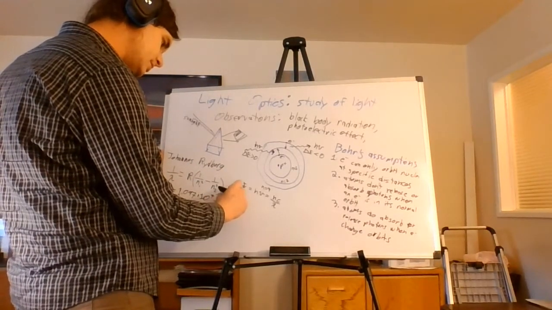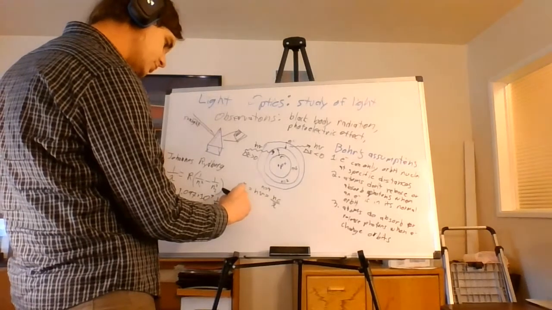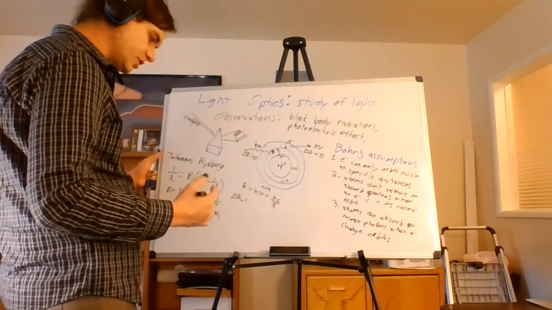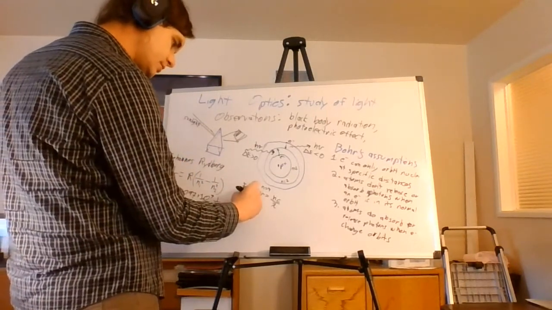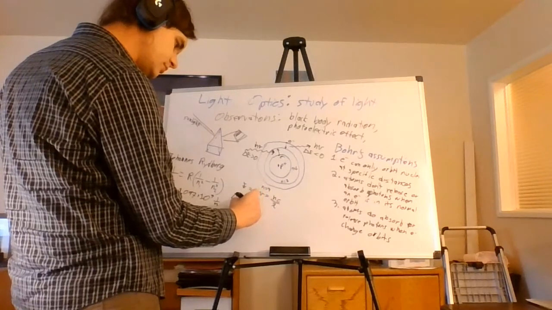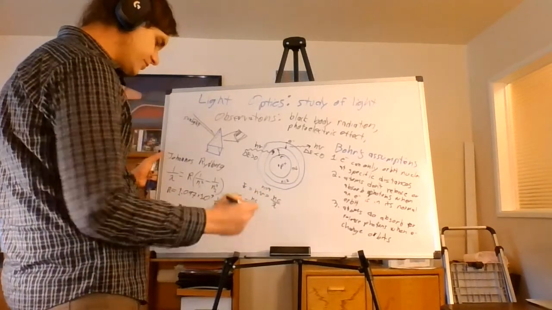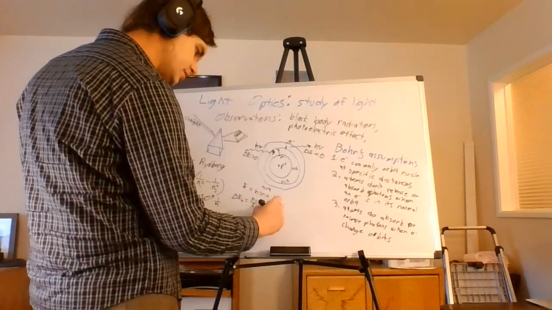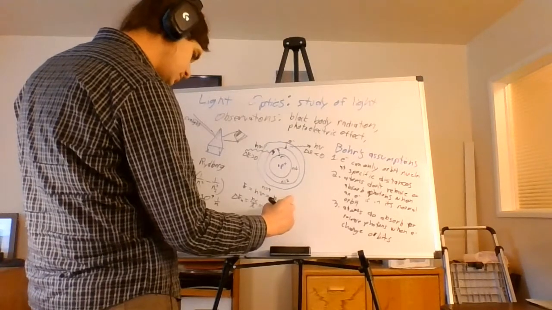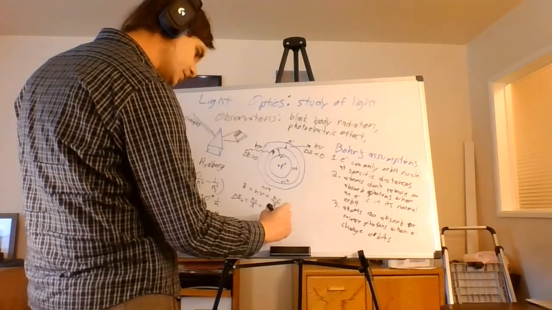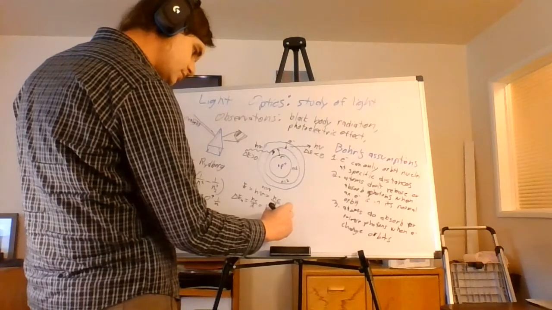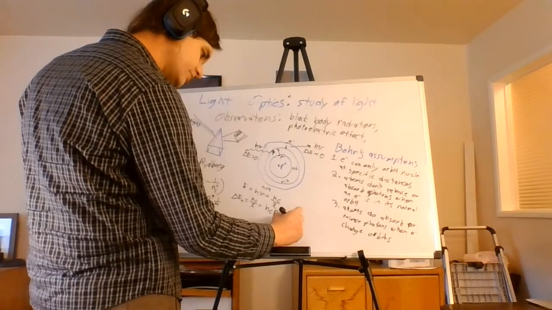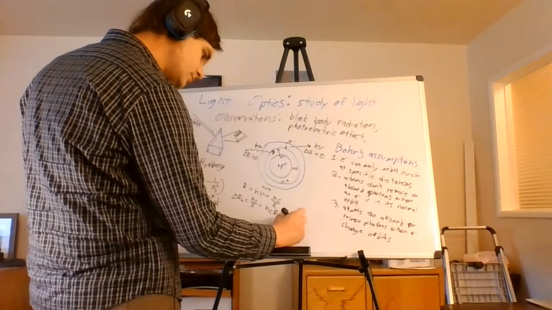So that the change in energy of a hydrogen atom when accepting or releasing a photon is hc over lambda, where lambda is the wavelength of the photon. And that gives us hc times the Rydberg constant times the quantity 1 over n1 squared minus 1 over n2 squared.